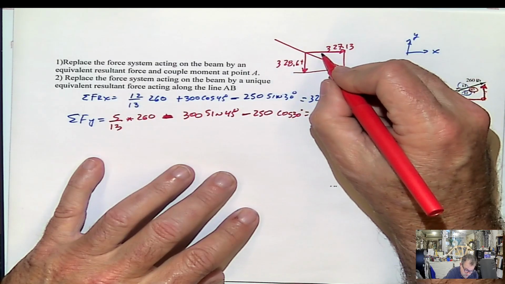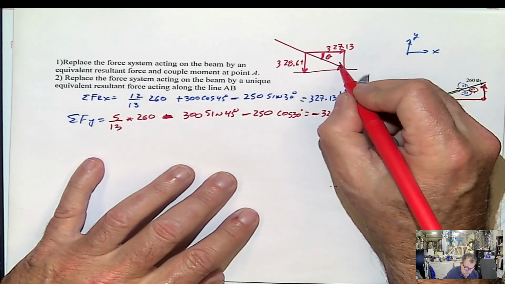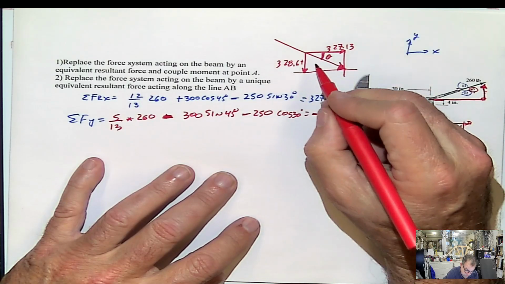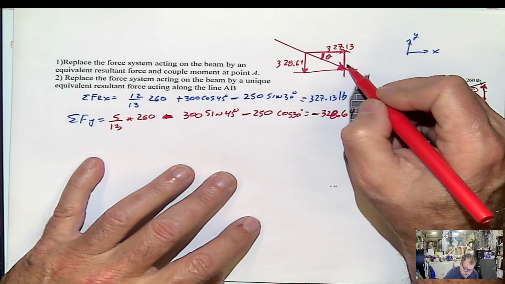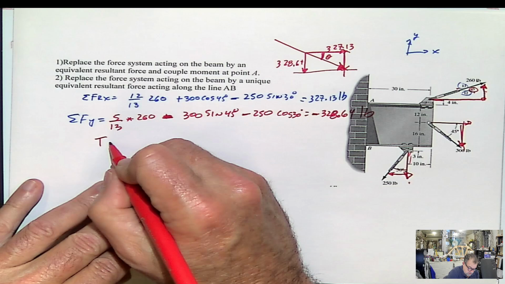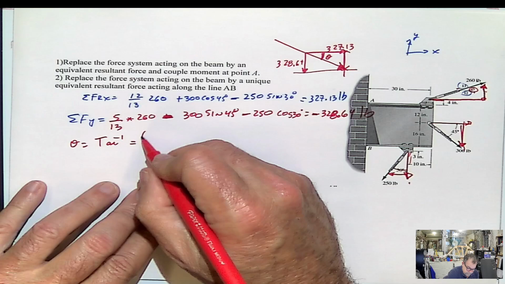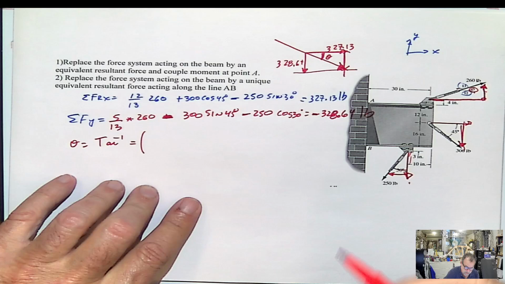If I'm looking for this angle, that angle will be inverse tangent of, don't use the sign because I'm looking at geometric values now. This is not the direction, this is just this angle.